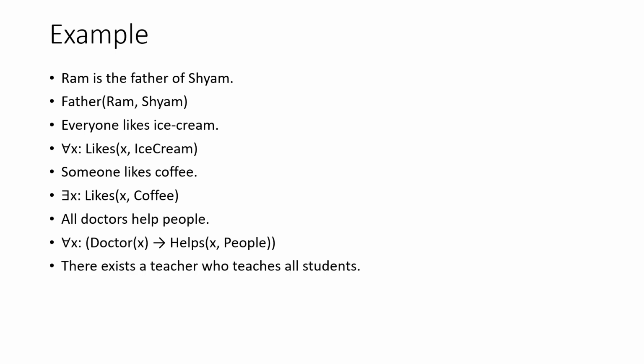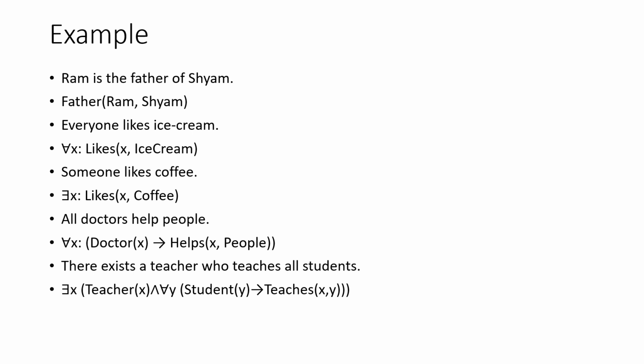Then, there exists a teacher who teaches all students. So if x is a teacher, then x teaches all students. For representing all students, we need y, and for the teacher we are using the existential quantifier.